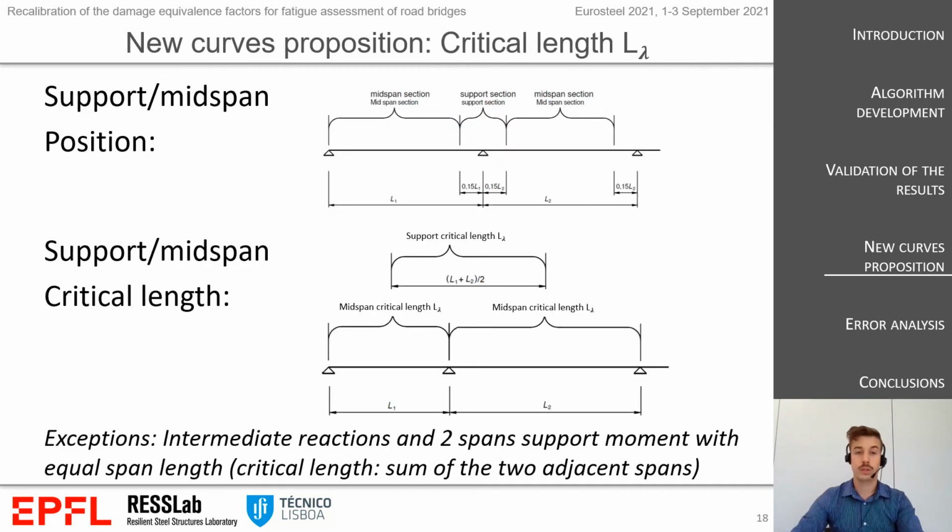And the last point to consider for the proposition of the new curves is the definition of the critical length L lambda. We simplified the rules to define it a lot, and now the support critical length is just the average of the two adjacent spans, and the mid-span critical length is just the length of the reference span, with the exception of the intermediate reaction and the two span support moments with equal spans, that now have the sum of the two adjacent spans.